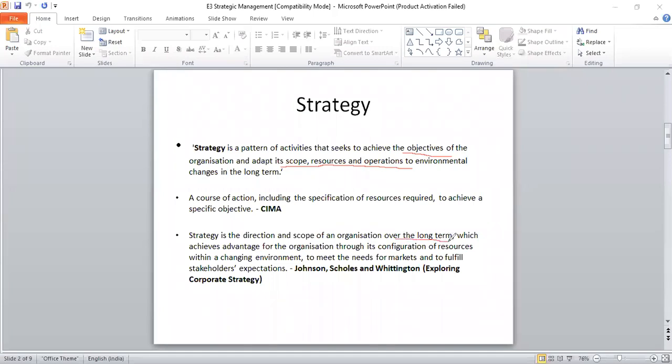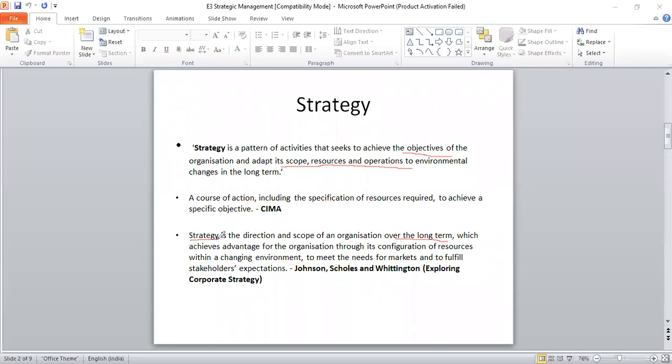For the short term, we talk about these plans as something else. But if it is a long period of time, then we refer to that as strategy. If it were a short term, we would call it budgets or short term plans. But strategy is often referred to over a long period of time.